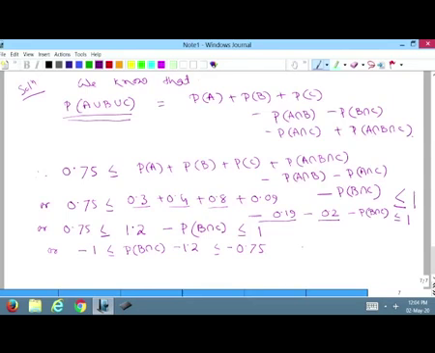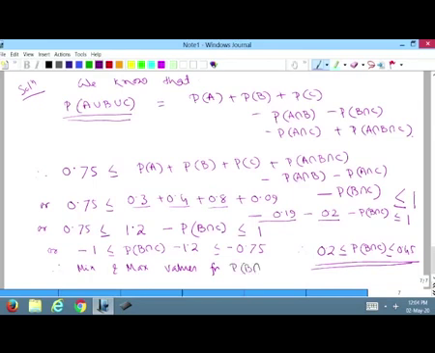Therefore, 0.2 less than equal to probability B intersection C less than equal to 0.45. Therefore, minimum and maximum values for probability B intersection C are 0.2 and 0.45. That is the answer.